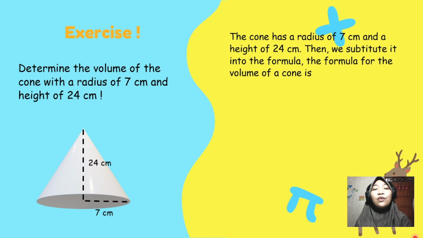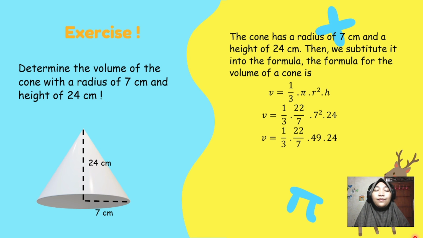Okay, the formula for the volume of a cone is V equals 1 times pi times r squared times h divided by 3. Okay, next, V equals 1 times 22 times 7 squared times 24 divided by 3 times 7.